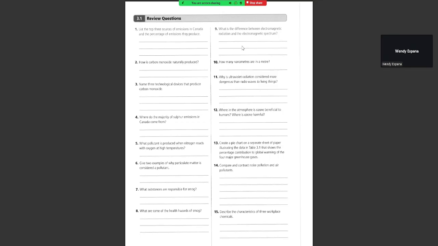You'll see how a lot of what we covered tonight we've already covered in different units, and that's because they kind of build on each other, don't they? We're looking at how humans are affected by these contaminants.